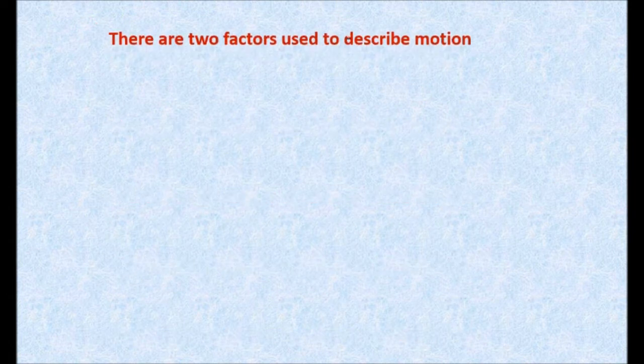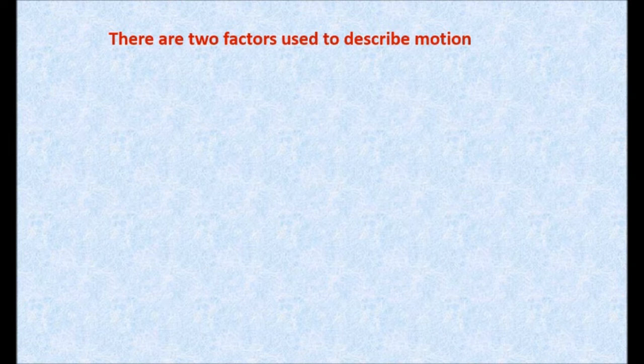We have two factors that are used to describe motion. When I have two persons or two means of transportation moving, we need to describe their motion and compare between them.